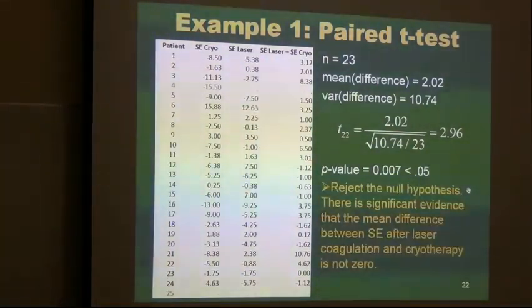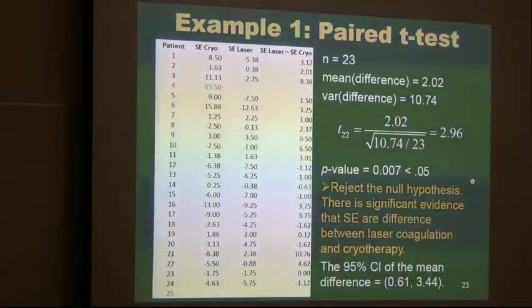So based on this, we can reject the null hypothesis and say that there's enough evidence that the mean difference between spherical equivalence after laser treatment versus cryo is not 0. Okay. And it's always nice to give a confidence interval. So here the 95% confidence interval of the mean is 0.61 to 3.44.